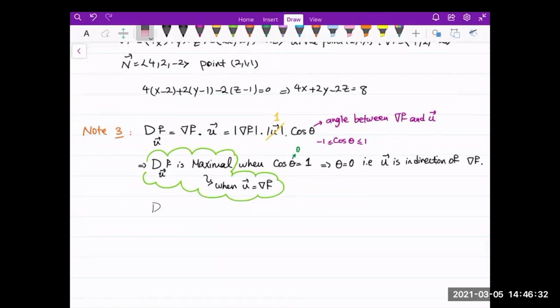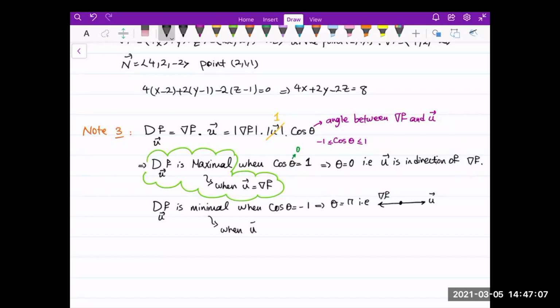So we say the f in the direction of u is minimal. We should write everything. So the same as before, when cosine theta is -1, which means theta is pi, i.e. this is u, this is gradient of f. Okay, minimum when u is negative gradient of f.